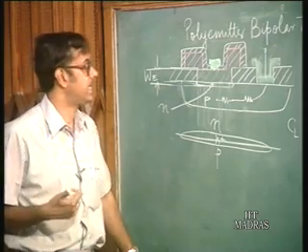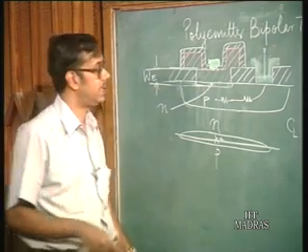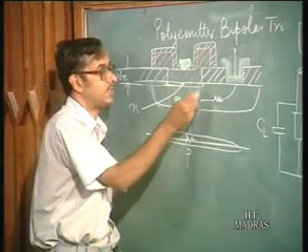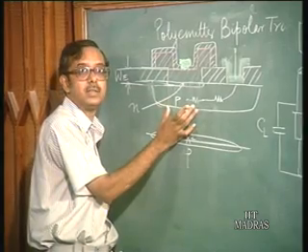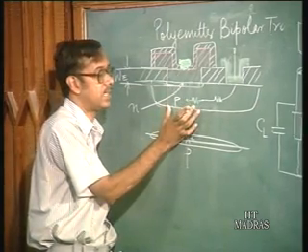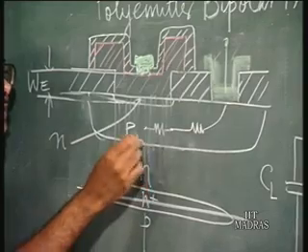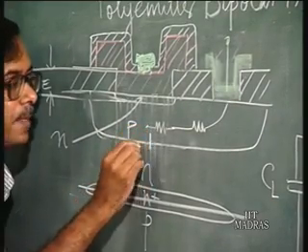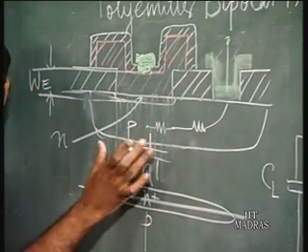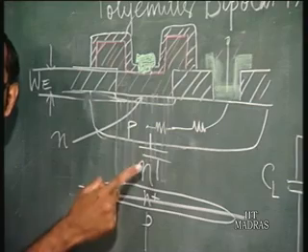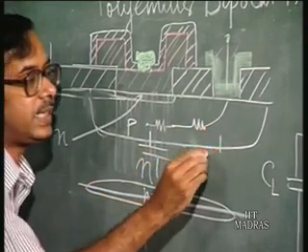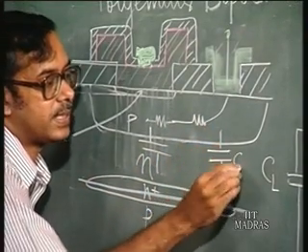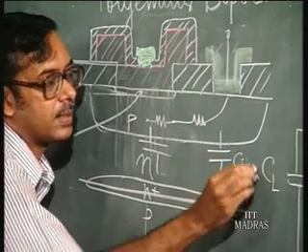Now CJCI and CJCX. CJCI is the capacitance for the intrinsic part of the junction. Again, CJCI will be the capacitance for this part of the device. And CJCX is basically the extrinsic capacitance.